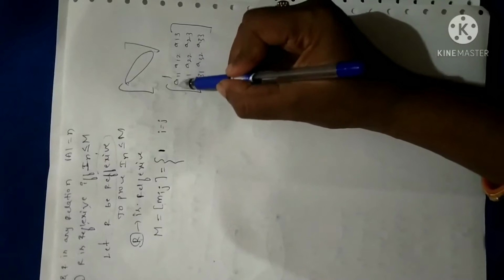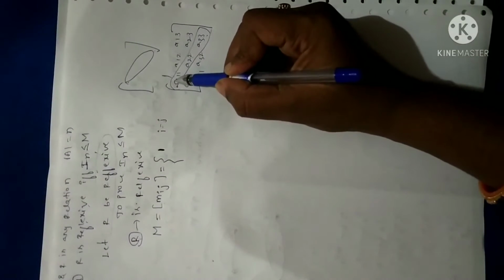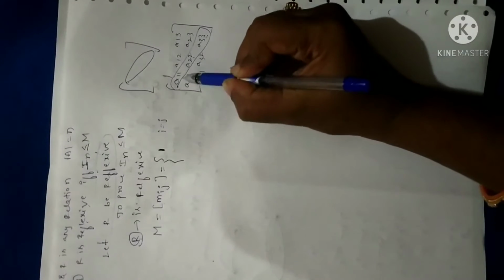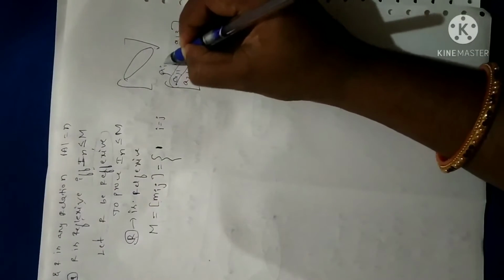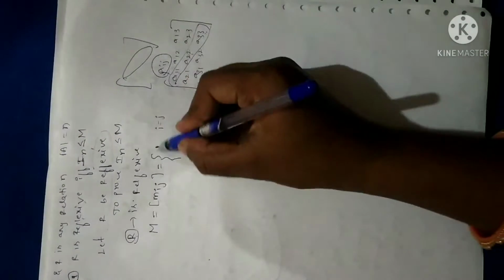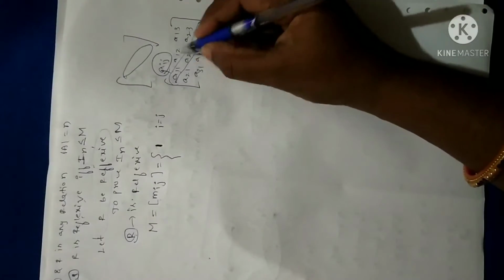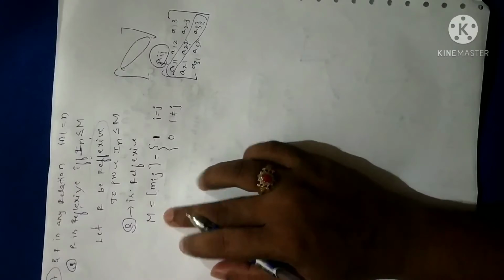Now you can look at the principal diagonal elements A11, A22, A33. So we can say the given matrix is reflexive only when we have 1 in this particular position. In the sense the value of i should be equal to j, Aij. So when I said Aij as elements of the matrix, both the values should be the same for principal diagonal elements. That is how I have written 1 when i is equal to j. And there is no need to check the remaining elements. Either it may be 0 or it may not be equal to 0. Fine. This is how the matrix of relation is defined.